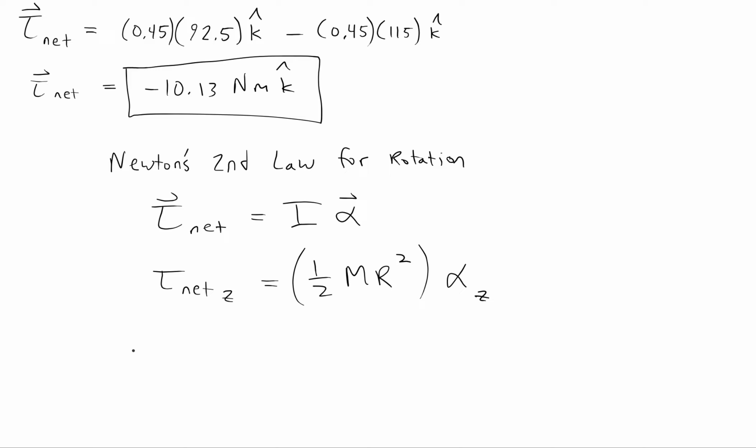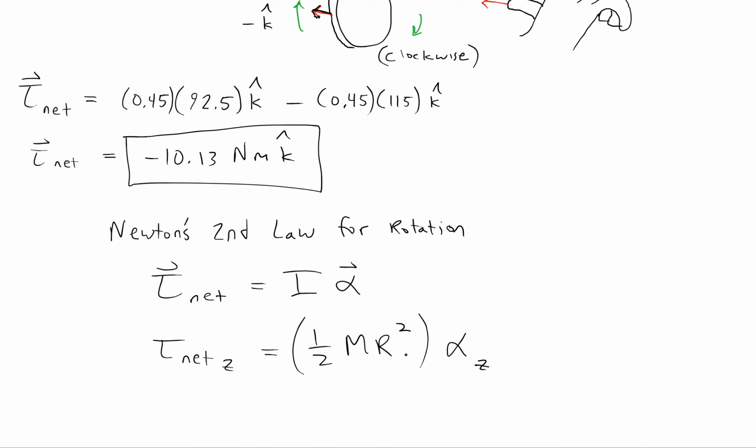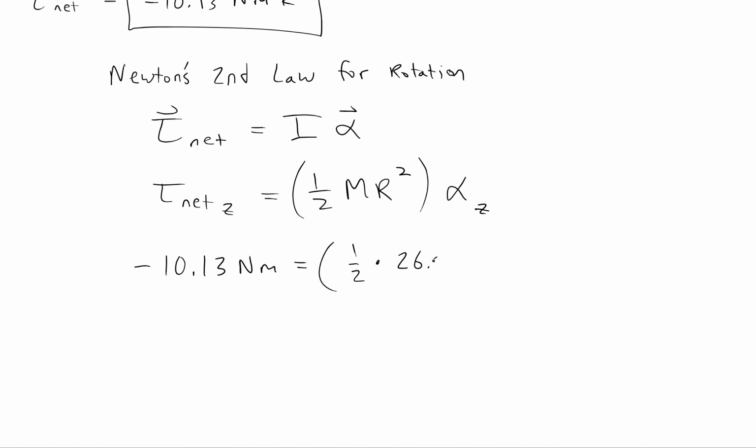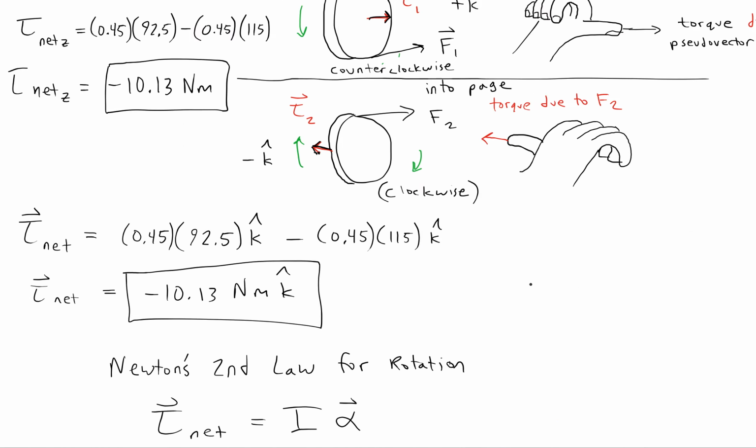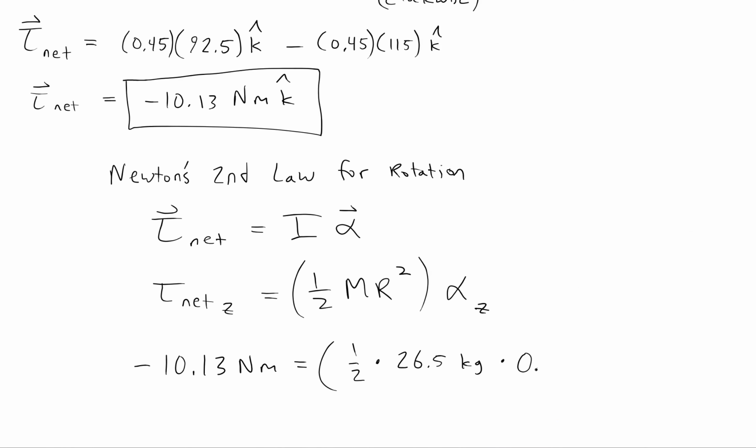So we'll do net torque equals (1/2) times our mass, 26.5, times our R, 0.45, and we have to square that though.